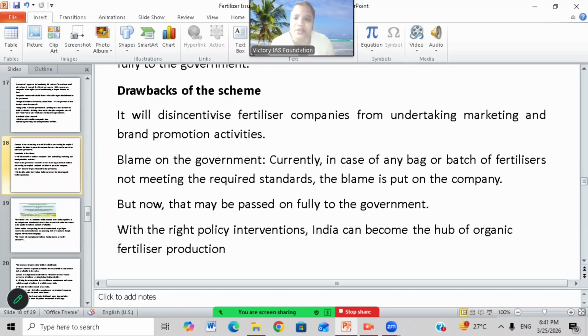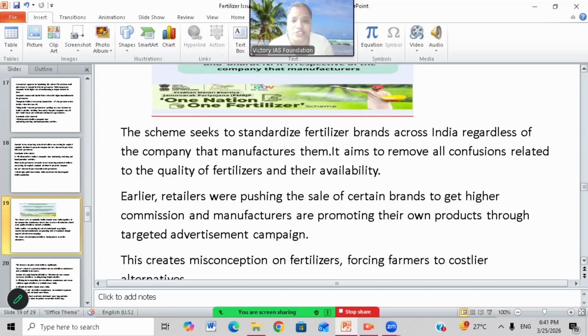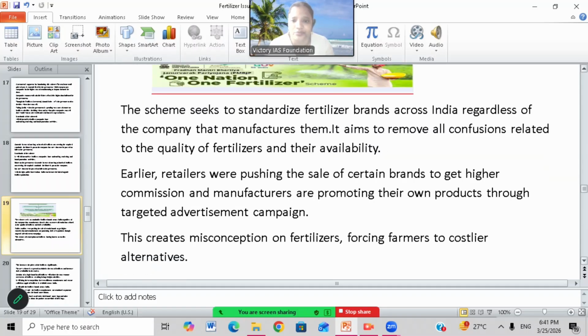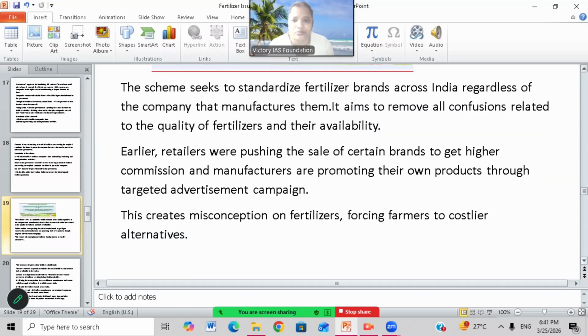With the right policy interventions, India can become the hub of organic fertilizer production. India is encouraging organic production also from now onwards. However, the scheme seeks to standardize fertilizer brands across India, regardless of the company that manufactures them. So they want to maintain some standards for fertilizers, despite them being produced by one company or another company.